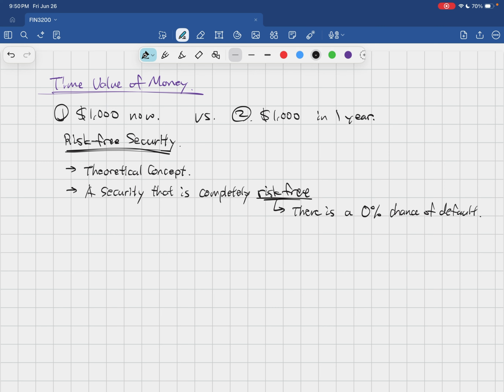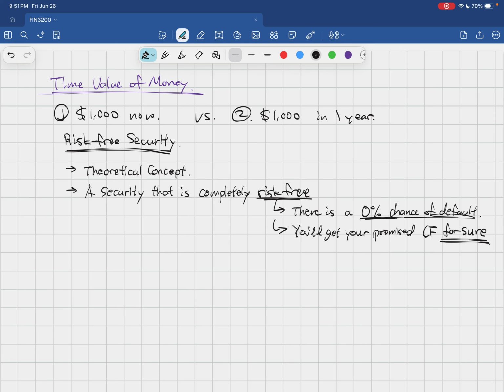Whoever is making this promise, they will never fail to fulfill their promise. There's a 0% chance. In other words, you'll get your promised cash flow for sure, no matter what happens. 0% chance of default.